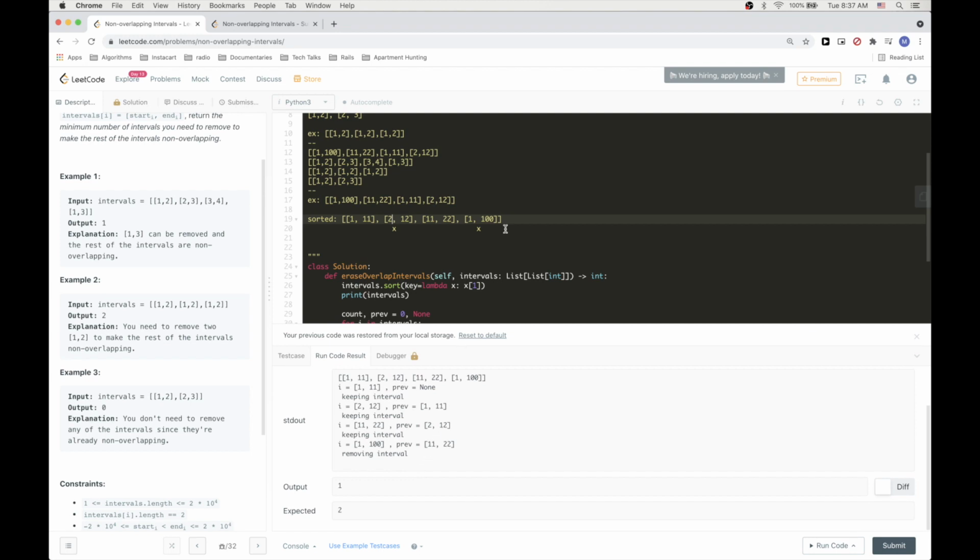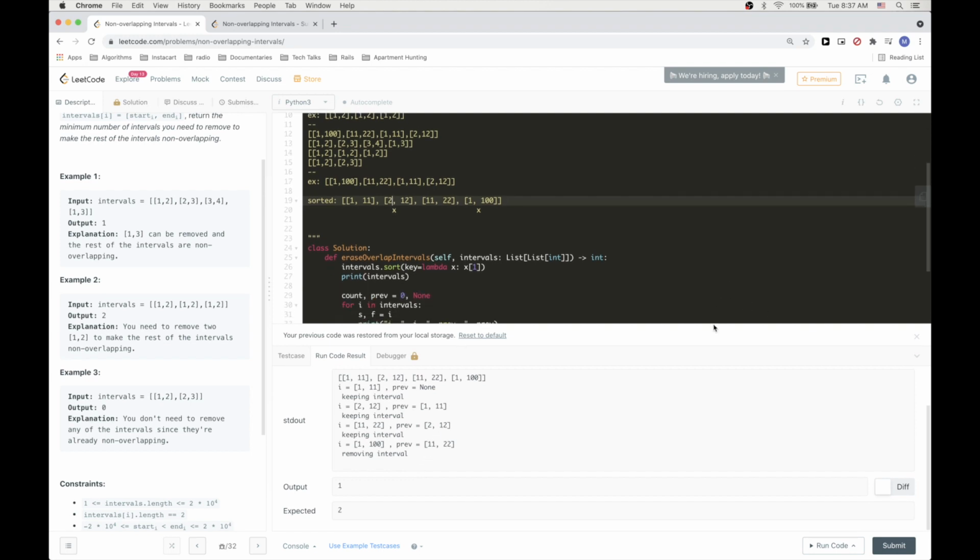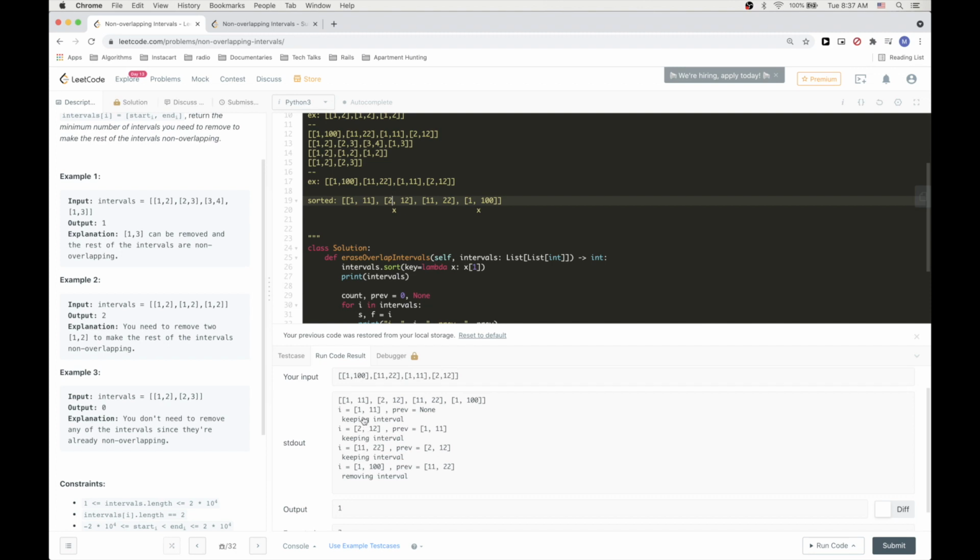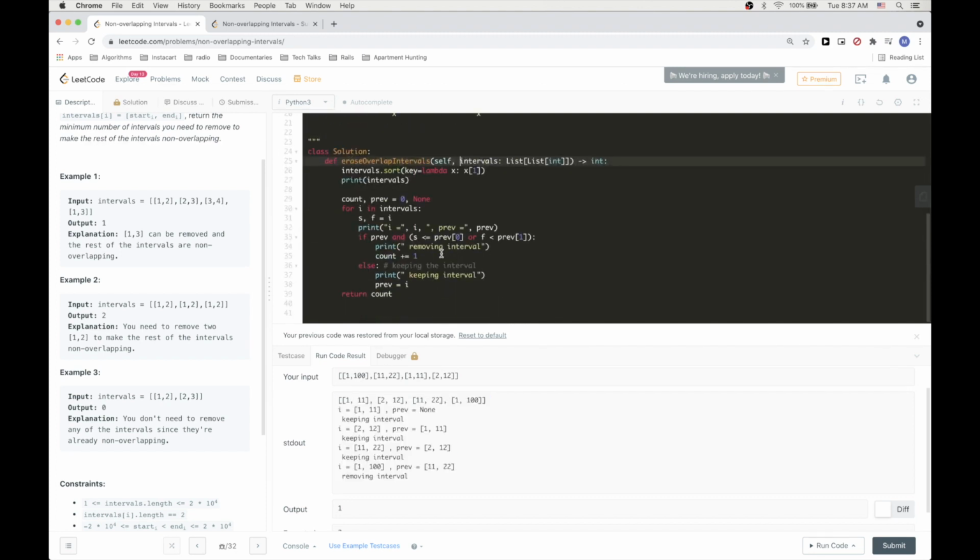Okay, my algorithm doesn't do this for some reason, it seems, because it's keeping this one, and then it's keeping this one. Because S is 2 and the previous one is 1, right? So it's not within it, it's not included. So my overlapping logic is wrong.